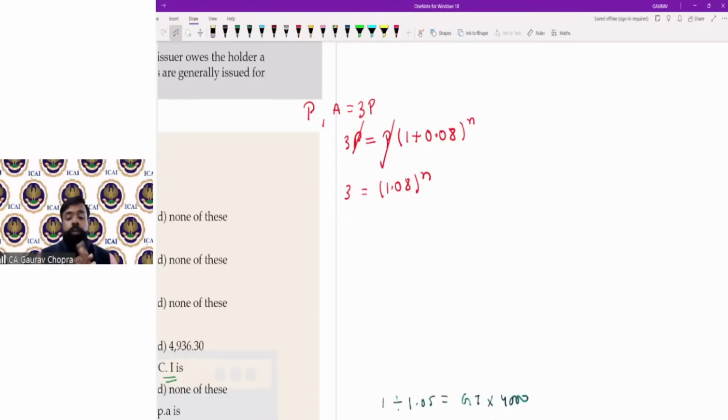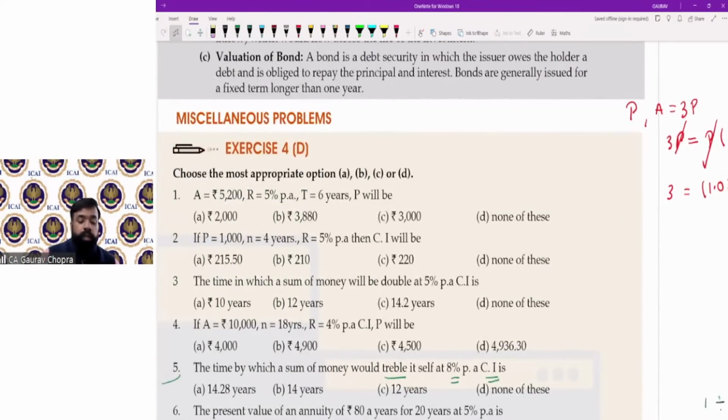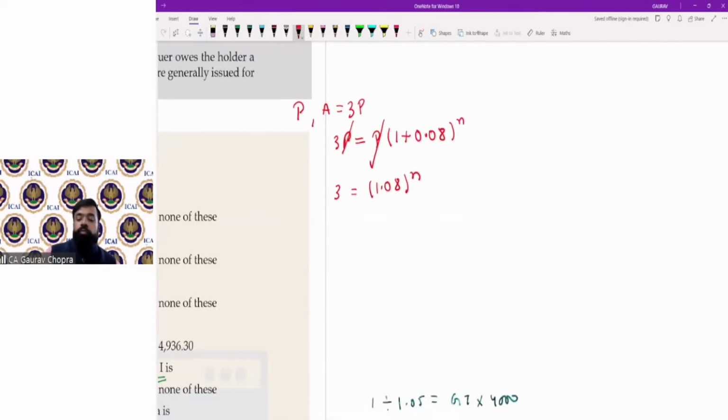What should you put in place of n so that your result is 3? So you can check the options. The options are 14.28, 14 and 12 years. So type 1.08 on the calculator, multiply and then equal to. The first equal to will give you a square, the second will give you a cube. So you have to keep pressing equal to until a value around 3 comes.